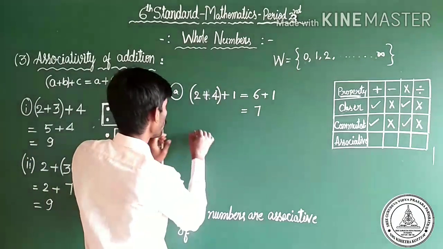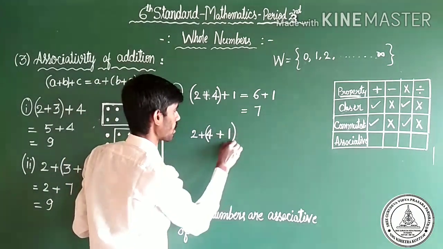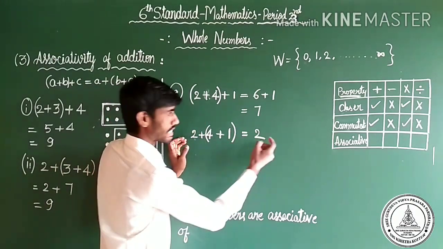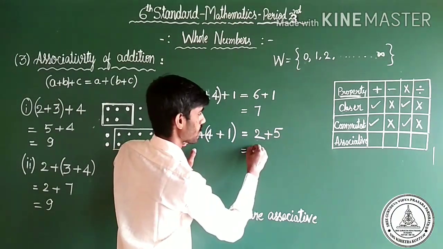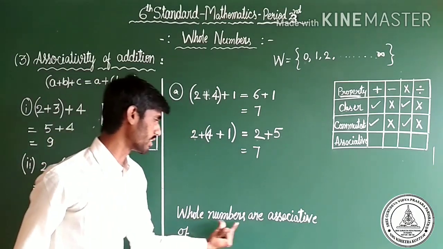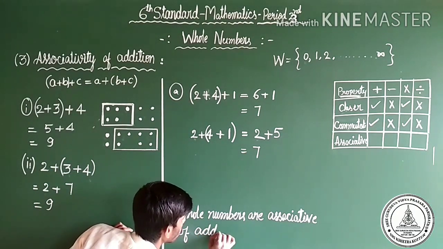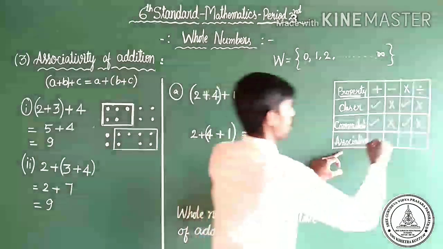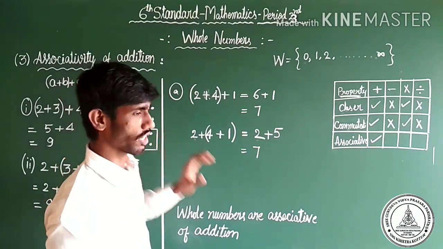Let us take the same numbers, 2 plus 4 plus 1. 4 plus 1 is another group. Write 2 as it is, plus 4 plus 1 is equal to 5. 2 plus 5 is equal to 7. So finally we conclude that whole numbers are associative under addition. Are you clear? So this is the associative property of addition.